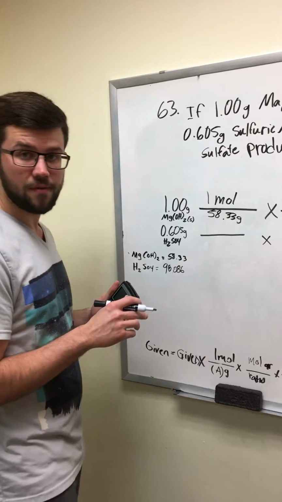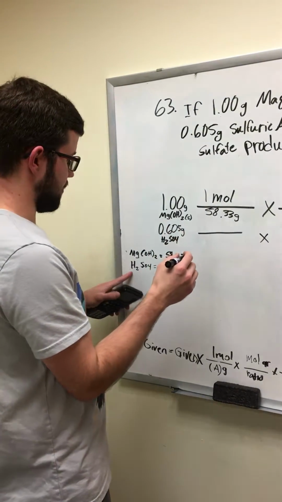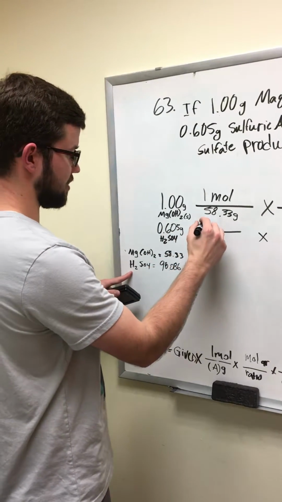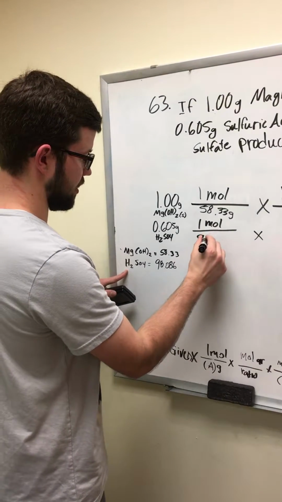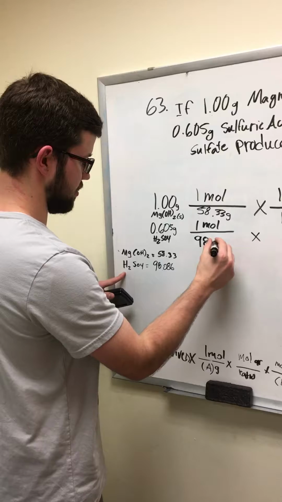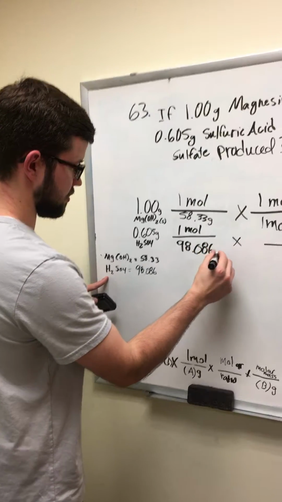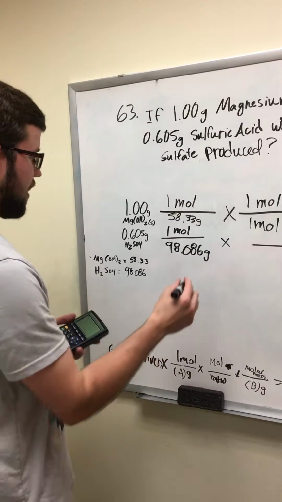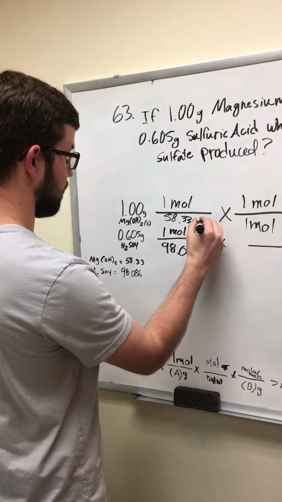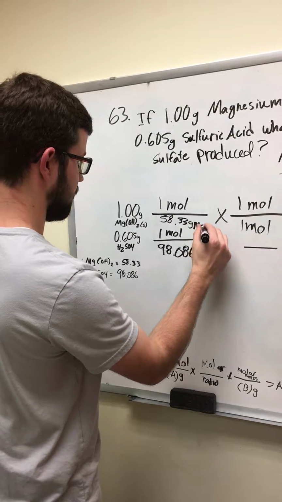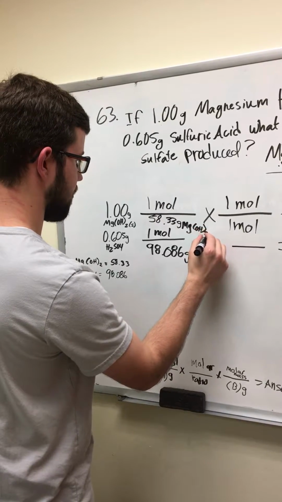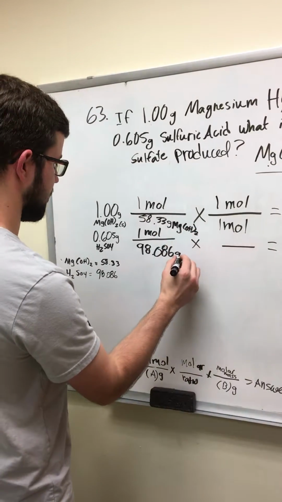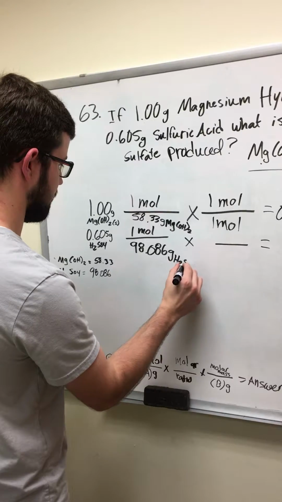And then for the second equation, which is the sulfuric acid, we have the molar mass, so it's 1 mole over 98.086 grams. And that, sorry, I messed up. These are magnesium hydroxide and sulfuric acid.